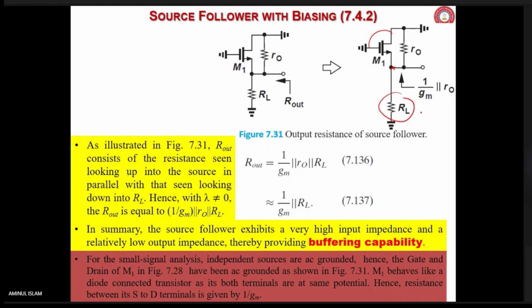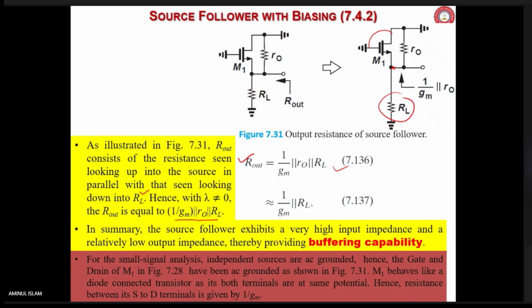So R out, the output resistance, is this much. Basically, it is the resistance between the output terminal and ground. So R out consists of the resistance seen looking up into the source in parallel with that seen looking down into RL. Hence, with lambda not equal to 0, R out is equal to this.